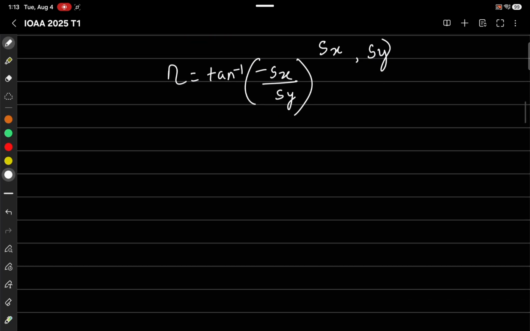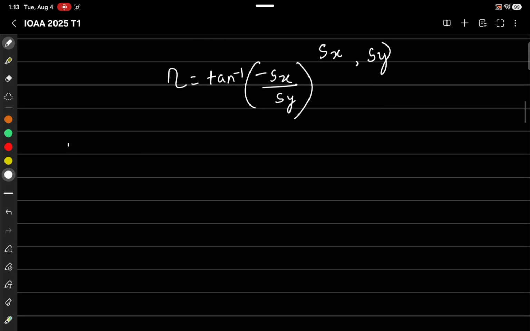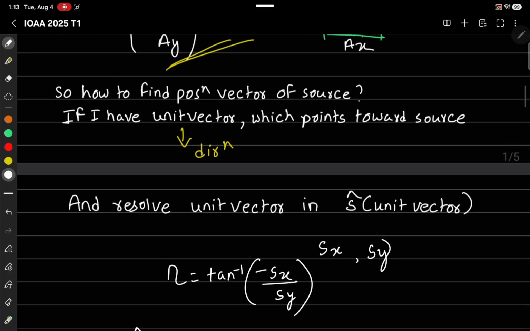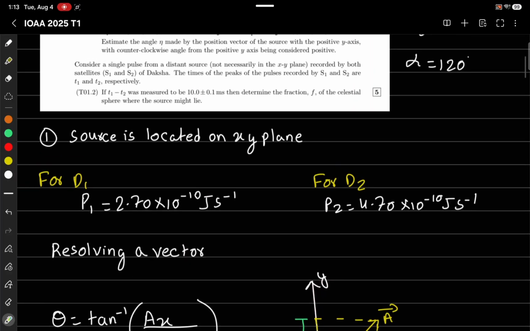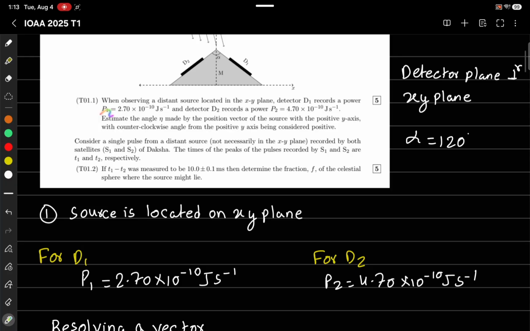Okay, so now how to find the unit vector? So what is s then? Now when we look into the question, we have only been given the power of detector D1 and the power of detector D2.